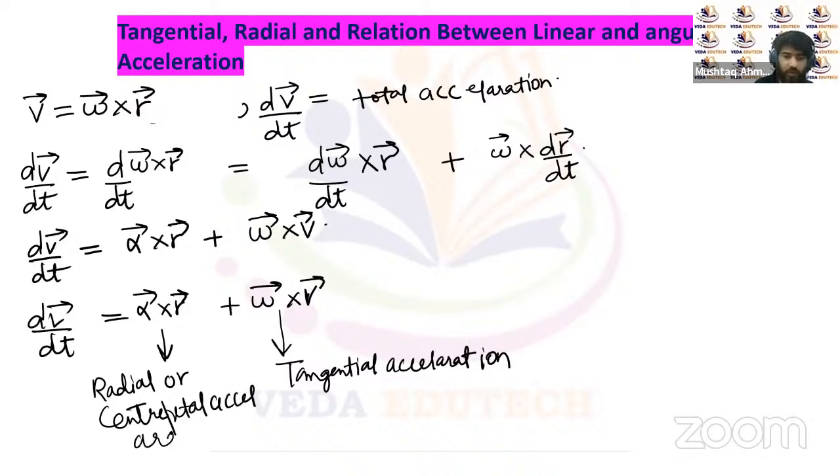So these are two accelerations here. The total acceleration is actually the vector sum of the two accelerations, one is the tangential acceleration and the other is the radial or centripetal acceleration.